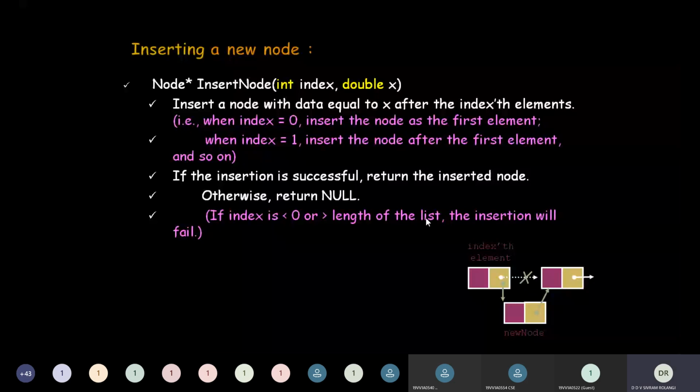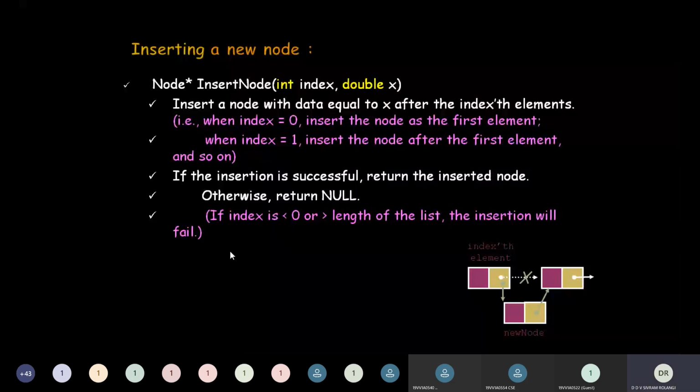These are the criteria that you need to follow while coding this insert node function. If index is less than 0, we can't do anything. If it is greater than the length of the list, we can't do anything. The insertion will fail. Those two cases you need to handle.